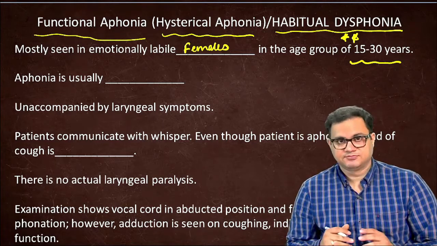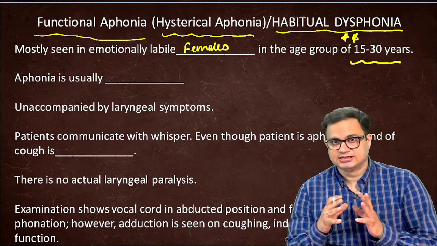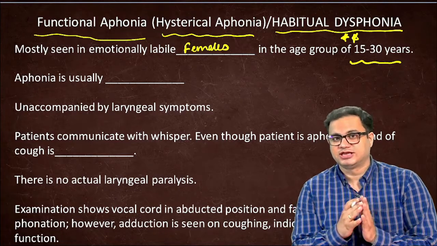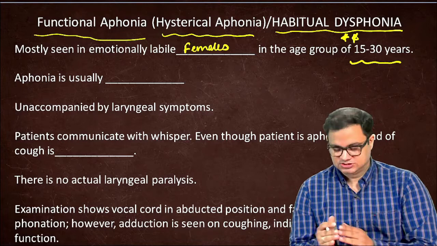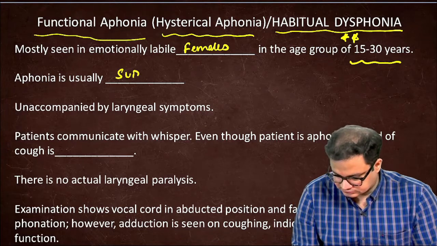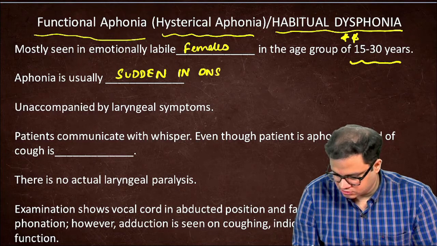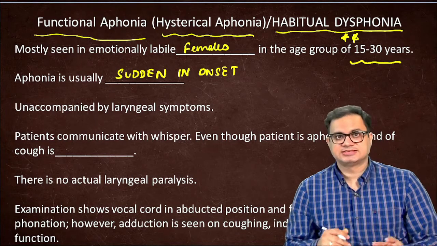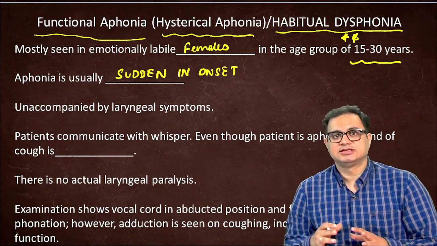So aphonia, that is sudden loss of voice, basically the aphonia is sudden in onset. So it is usually sudden in onset, and as I said, the larynx here is normal.